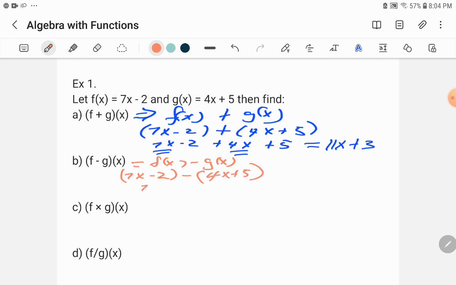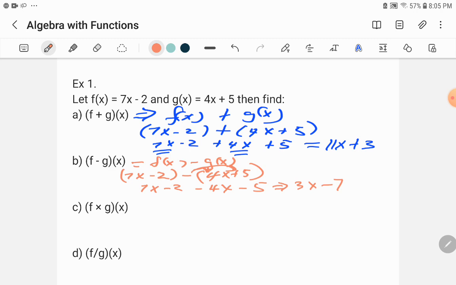So that gives us 7x minus 2 minus 4x minus 5. So we distributed the minus sign. So now we have 7x minus 4x. So that gives us 3x. And then minus 2 minus 5 would be minus 7.